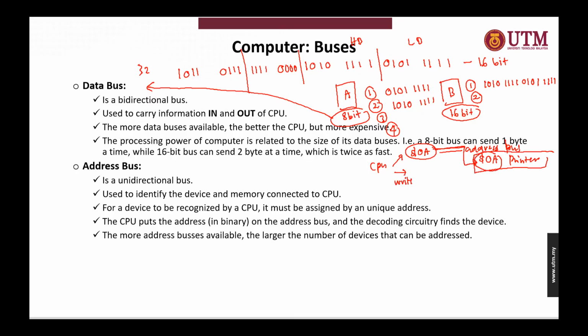Once that is done, we send the data using the data bus to the printer, so that the printer prints out whatever you want to print. So this is the use of the address bus: to identify the device and memory connected to the CPU.